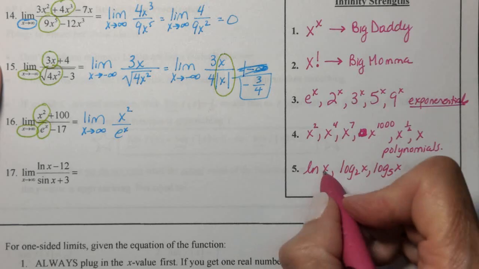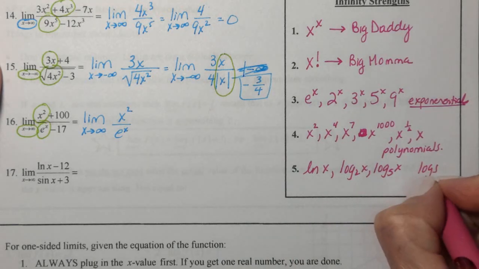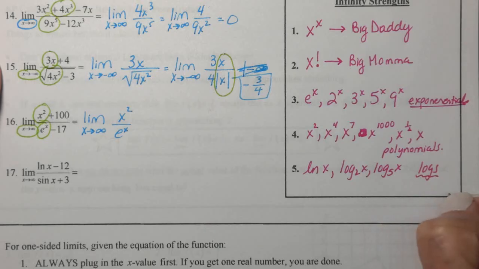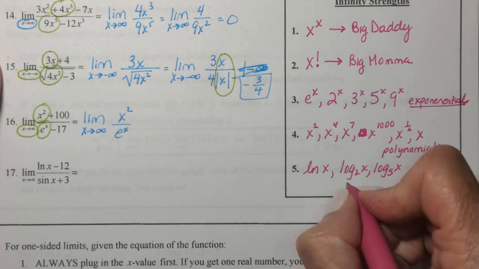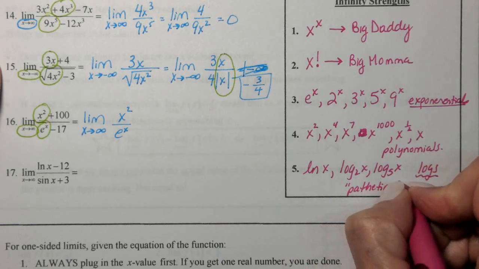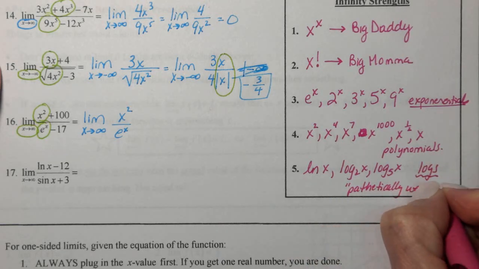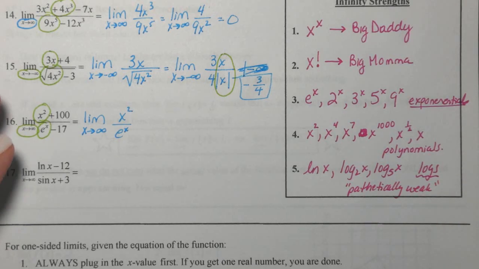I call these the logs, and to help you remember them, I like to say that logs are pathetically weak. But they are still infinity, but a pathetically weak infinity.